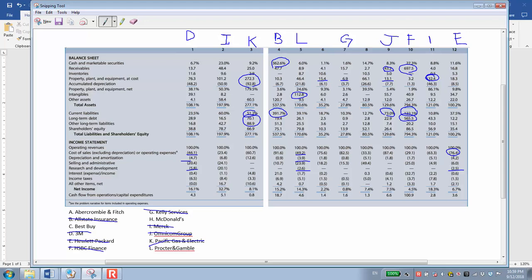Why? Because McDonald's sells franchises, right? It actually owns a lot of property at very good locations. So the property value is very high. Actually, the CEO of McDonald's said they are not a restaurant, they are real estate. So they actually lease their properties to some others. Okay, so this must be McDonald's.